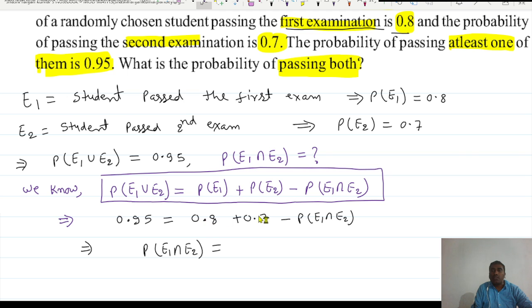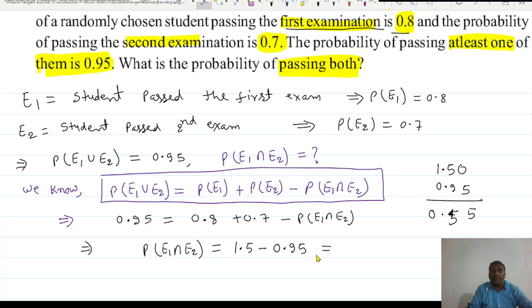So 0.8 plus 0.7 is 1.5. If you add, this is 1.5 minus 0.95. Let me subtract here for you. 1.50 minus 0.95: 10 minus 5 is 5, and after the borrow, 4 minus 9 needs another borrow, so 14 minus 9 is 5, and it becomes 0.